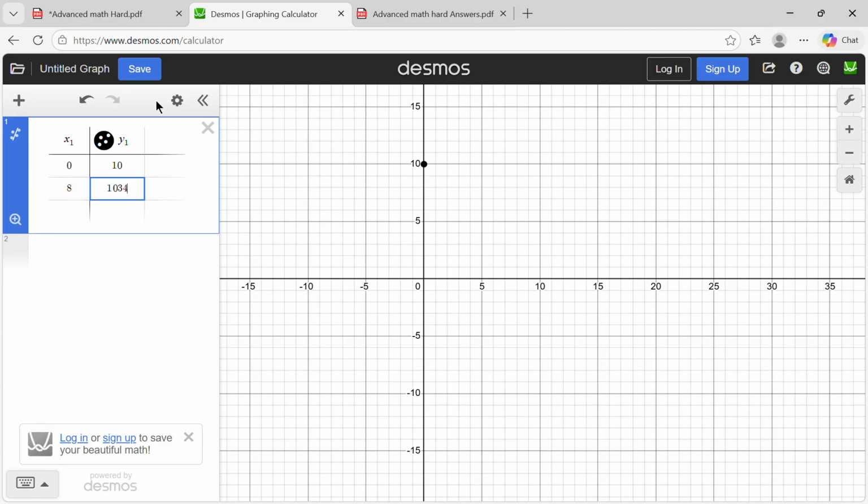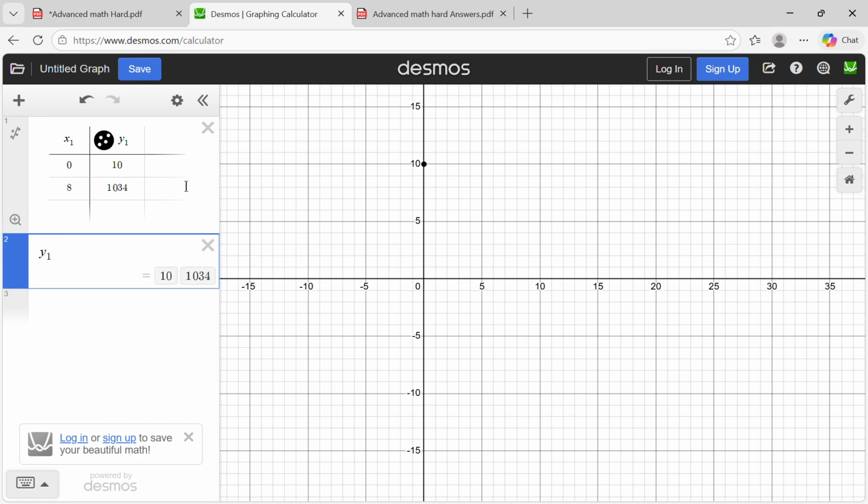Now we have to write the equation. We will make a model. So y1, and you have to use a tilde. This sign is called a tilde; it's on the left side of the keyboard in the second line.